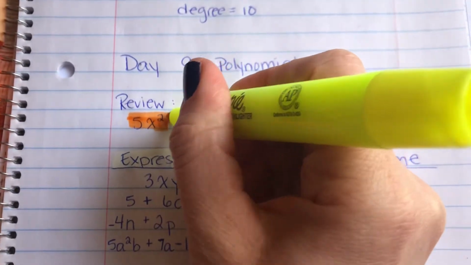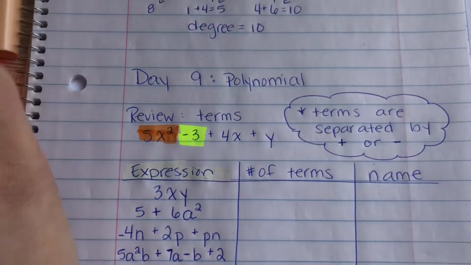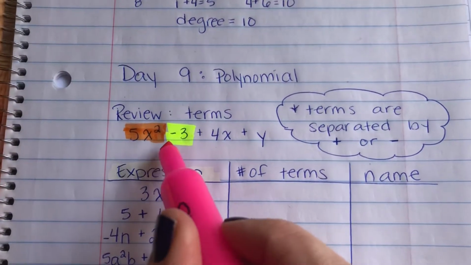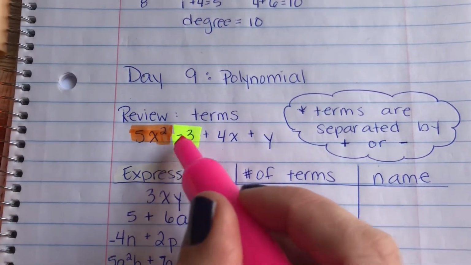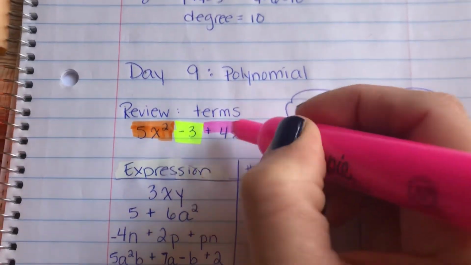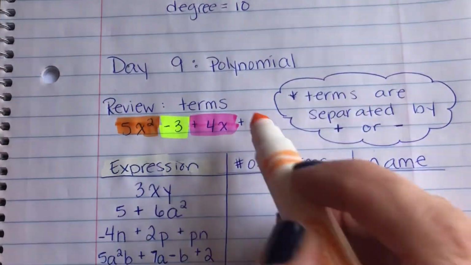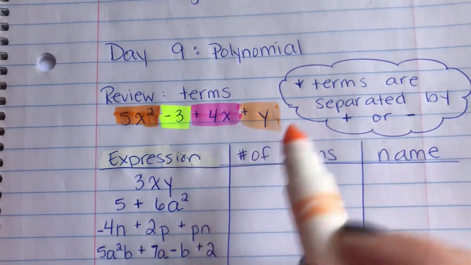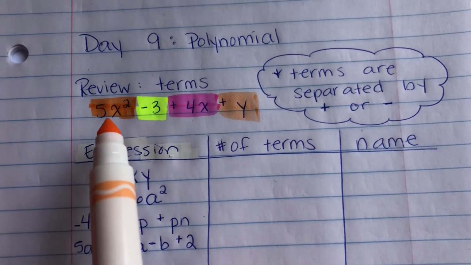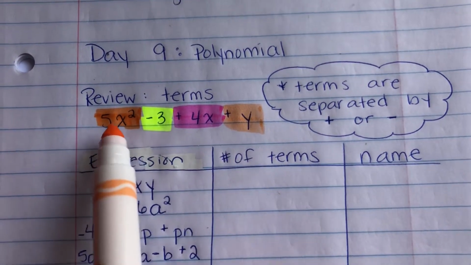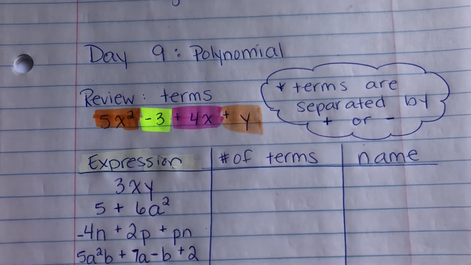And again, they're separated by the plus or minus sign, and you want to include the symbol that's right in front. So I included that negative symbol or minus symbol right in front of the 3. Okay, so again, just as a review, here in this expression, there's 1, 2, 3, 4 terms.